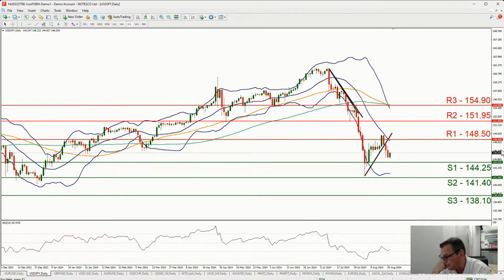On the technical level, once again we're seeing the USD side of the pair losing ground over the past 3 candlesticks. Let's not forget these are daily charts, so each candlestick represents a day of trading. The pair has been gaining some ground during today's Asian session, refusing to actually test the S1 at 144.25.